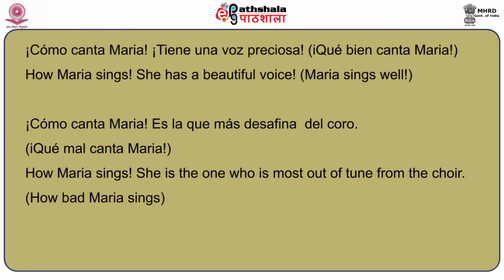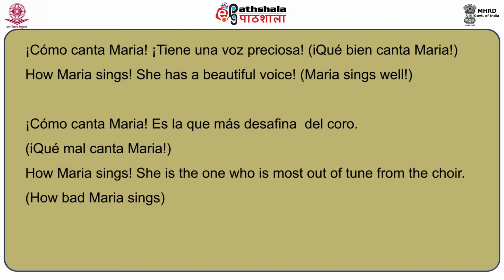¿Cómo canta María? Tiene una voz preciosa. Qué bien canta María. How Maria sings. She has a beautiful voice. Maria sings well. ¿Cómo canta María? Es la que más desafina del coro. Qué mal canta María. How Maria sings. She's the one who is most out of tune from the choir.